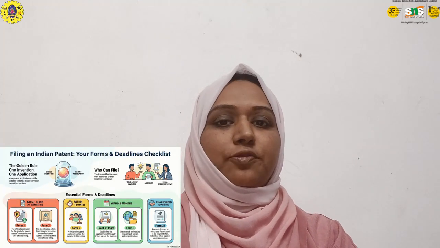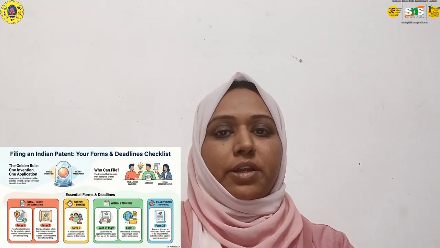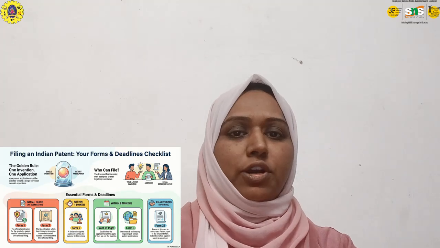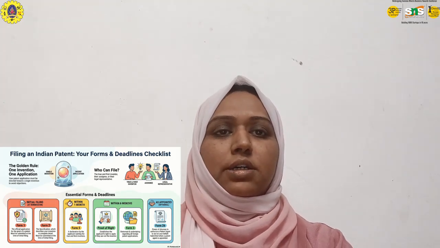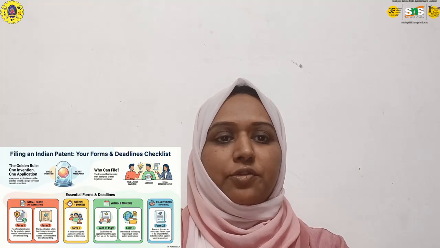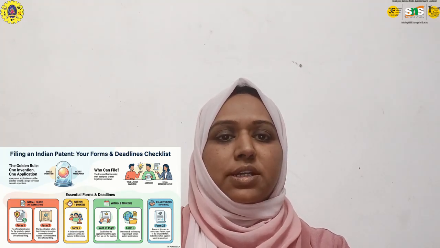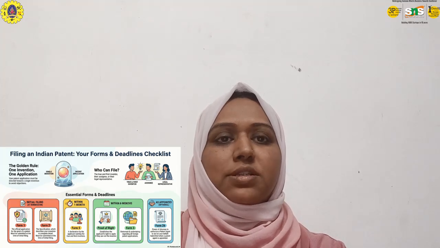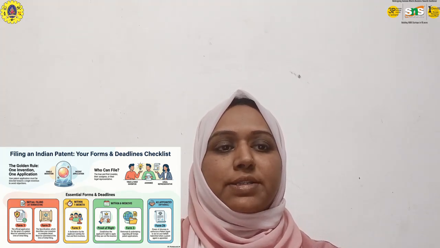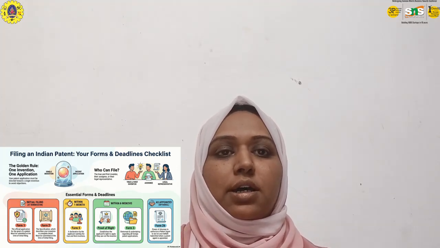So next is Form 26. Form 26 is the appointment of the patent agent. Consider that we are a foreign applicant and we want to communicate with the Indian office, then we have to appoint a patent agent. Considering the procedural complexity and strict timelines involved, we may not always have proper monitoring, so we can appoint a patent agent to act on our behalf.